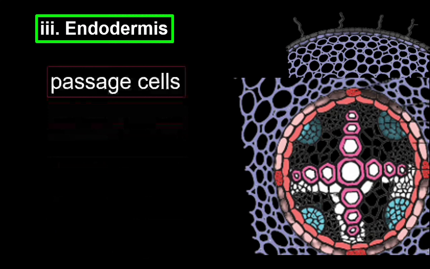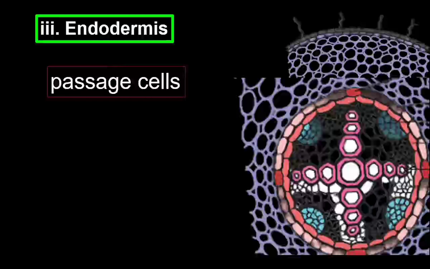What are passage cells? Passage cells are cells of the endodermis which allow the movement of water. Root hairs absorb water, the water passes through the cortex and through the passage cells, and the water reaches the xylem.